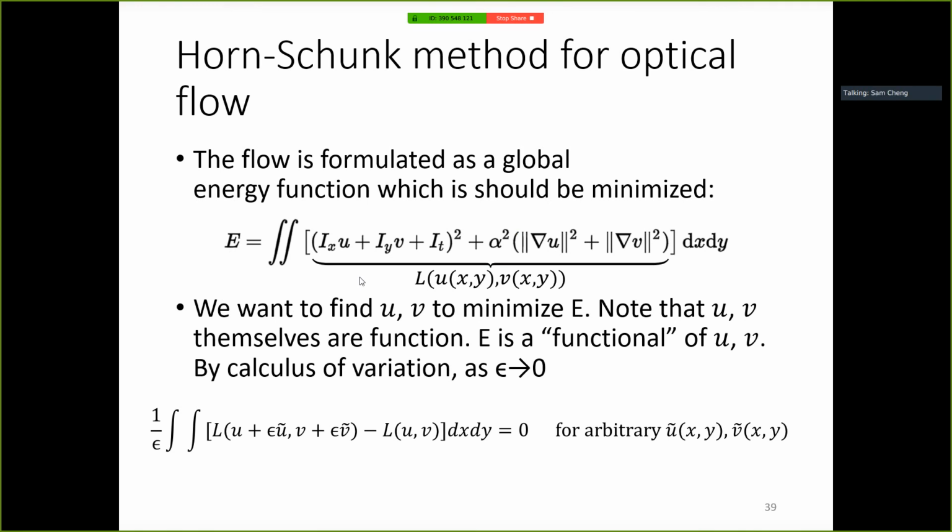Let's say I call this whole thing L, as a function of U and V. Actually, it's not just a function of U and V, but you see I have a gradient here, so it's also a function of, to be more precise, partial U partial X, which I can write as UX, and partial U partial Y.